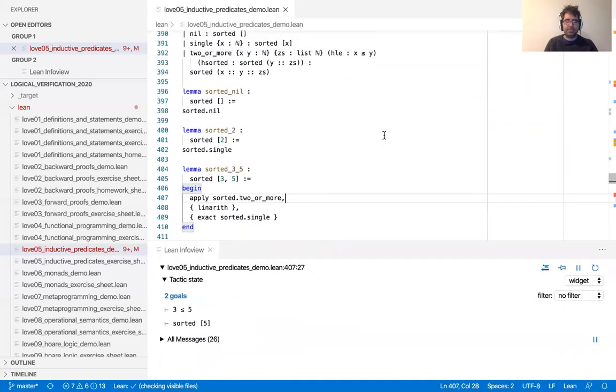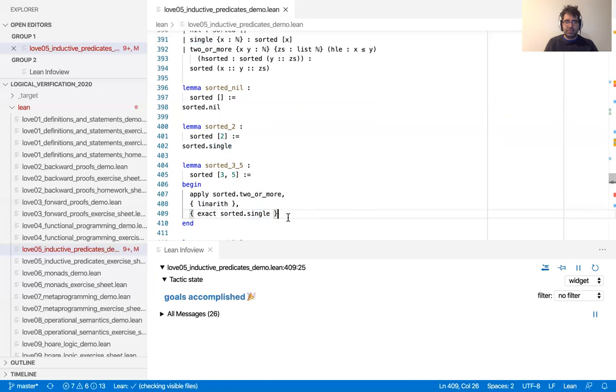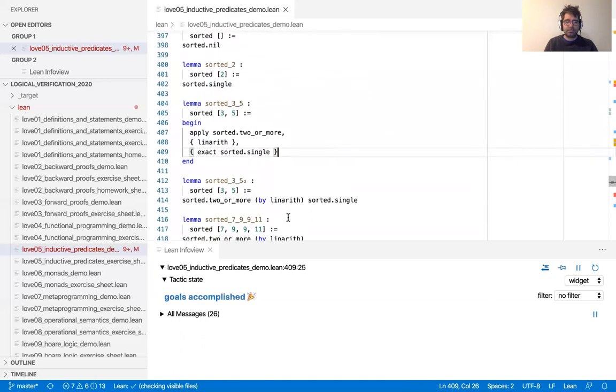The last rule. And that rule has two preconditions, right? That X is less than or equal Y, which is 3 is less than or equal 5, and then that 5 is sorted. So we use lin arith for the first one, and the single rule for the second case. And that's it.